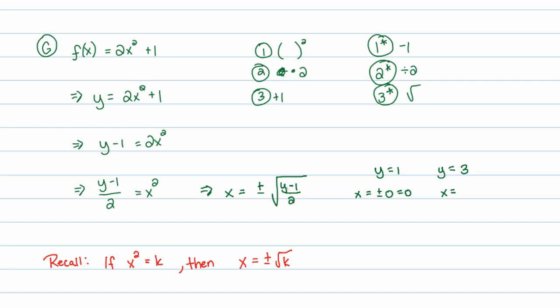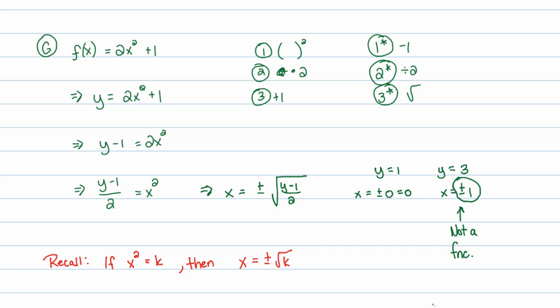So it would be the square root of 1, which is 1. x would be plus or minus 1. So plugging in 3 to what I'm hoping is a function, I get out two possibilities. This is not a function. Because of this right here, because of plus or minus, we know it's not a function.